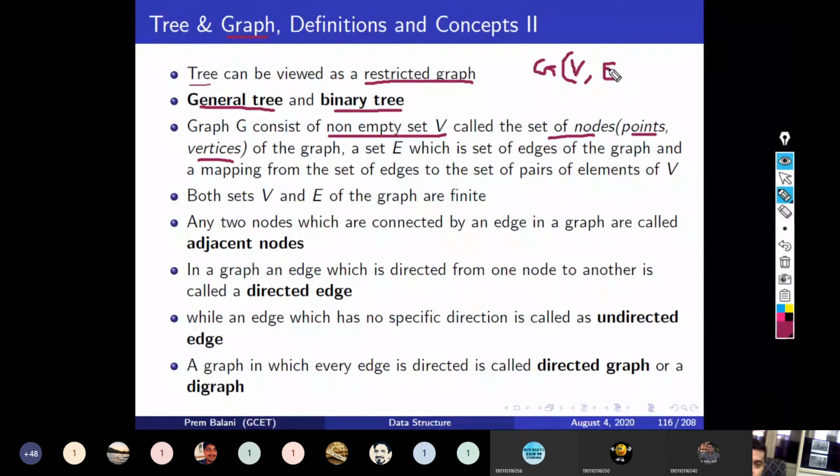So every graph is represented by these two sets, vertices and edges, right? So graph G consists of a non-empty set V called the nodes or points or vertices of the graph, and set E, which is the set of edges of the graph.